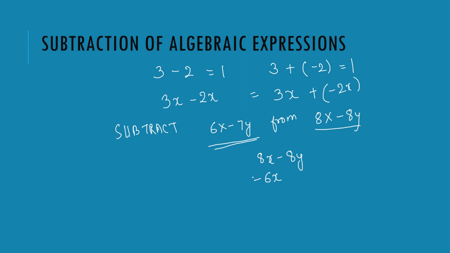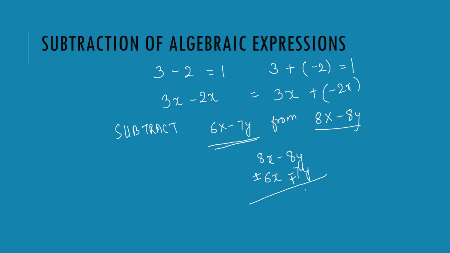It was plus 6x and minus 7y, so the 7 will turn into plus and the 6 will turn into minus. And now we will do a normal addition. So in subtraction we do addition after inverting the signs.